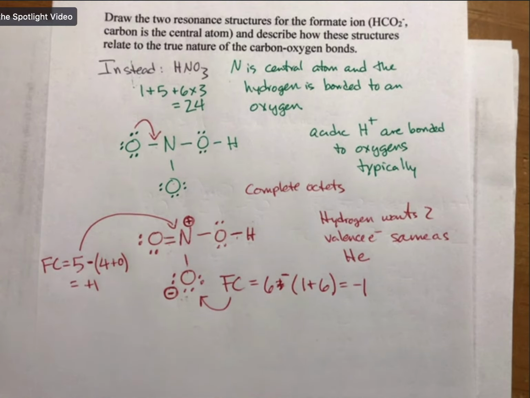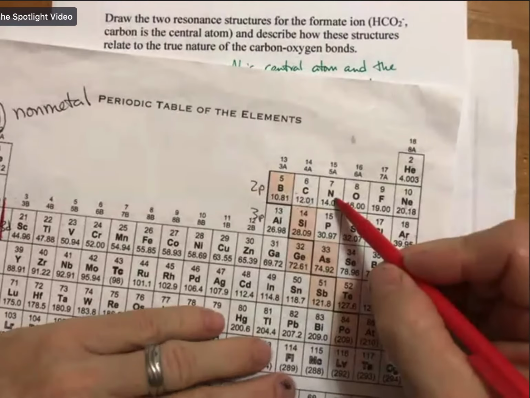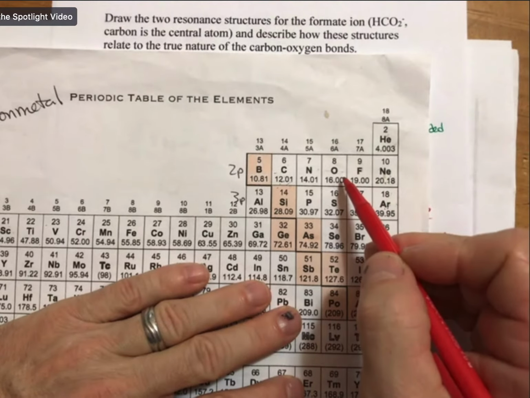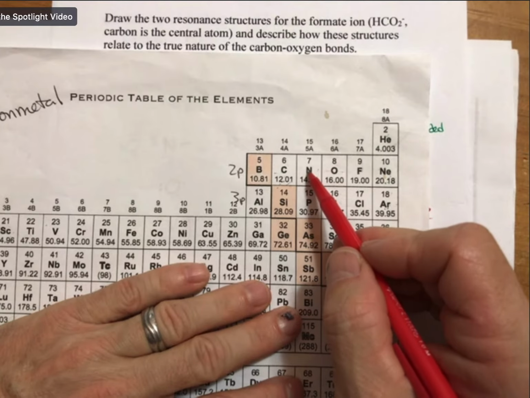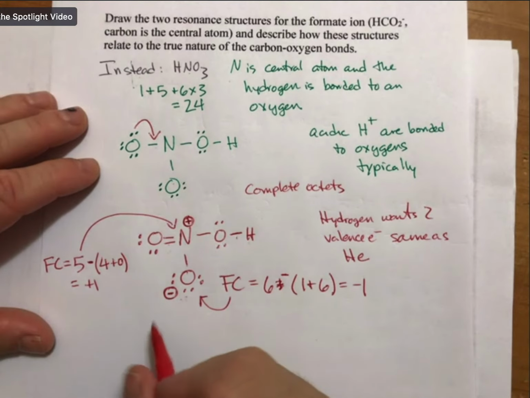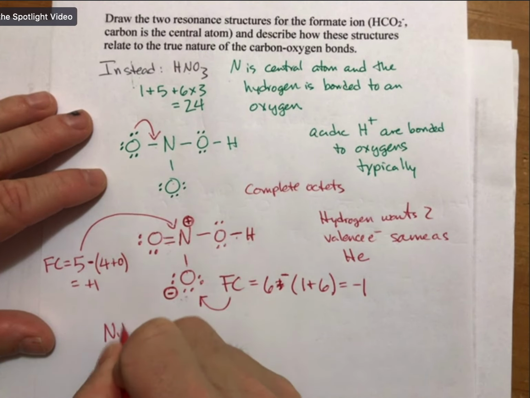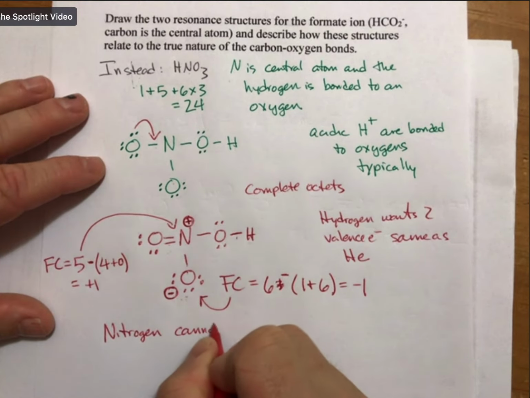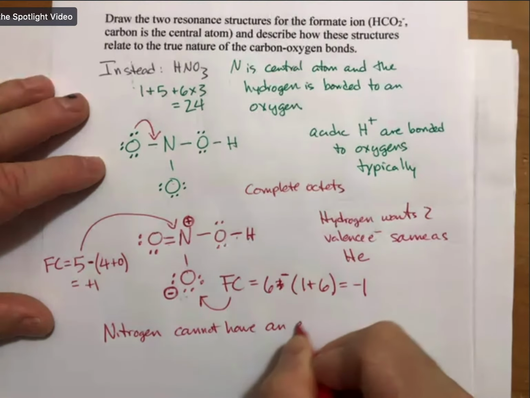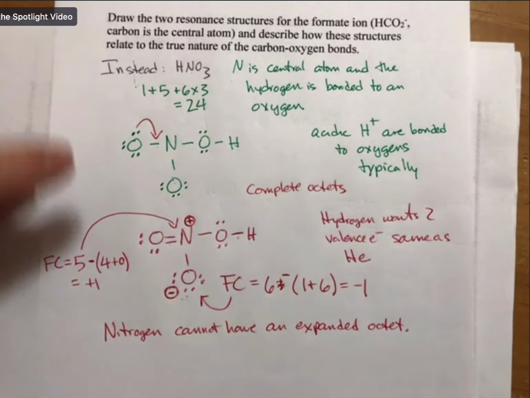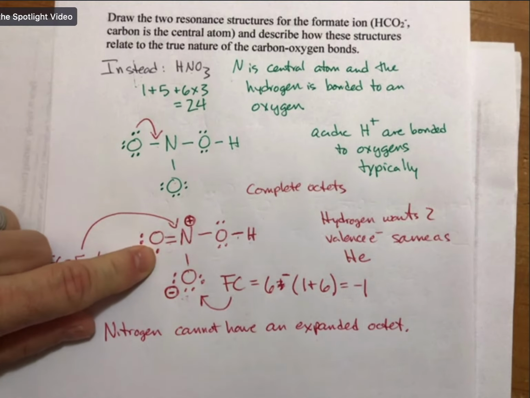We look at our periodic table, at where nitrogen is. Nitrogen is in the 2p area of the periodic table, and 2p atoms cannot have expanded octets. And so nitrogen cannot have an expanded octet. And this is the best Lewis structure for nitric acid.